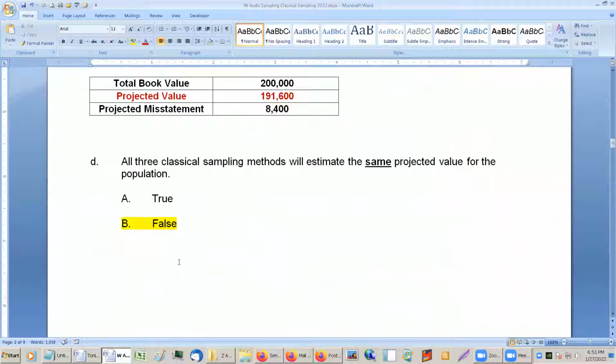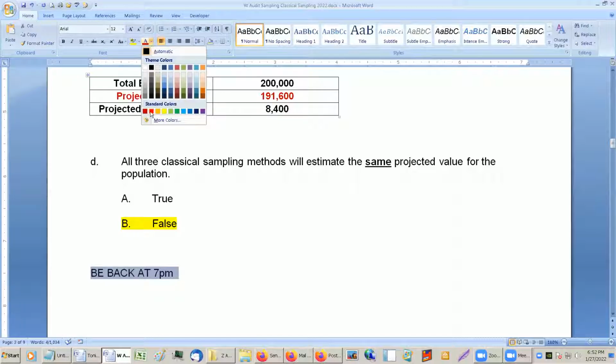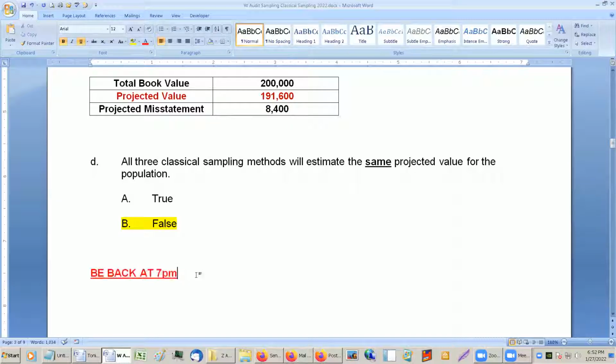Okay, let's go ahead and take a break and come back at, say, 7. And then we'll start on, well, hopefully we can finish the chapter 1 and 2 handout.